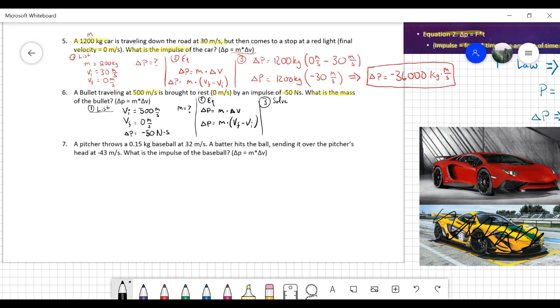Delta P is negative 50 newtons times seconds, which is equal to mass. Well, we don't know what mass is, so that's got to stay the same. Times VF minus VI. What's VF? VF is 0. VI is 500.